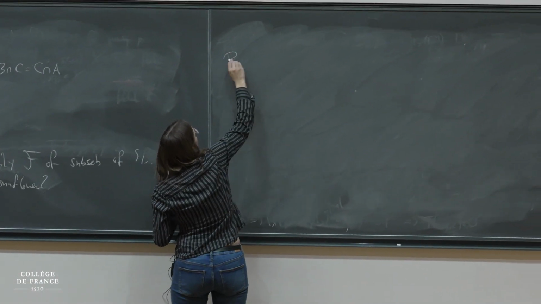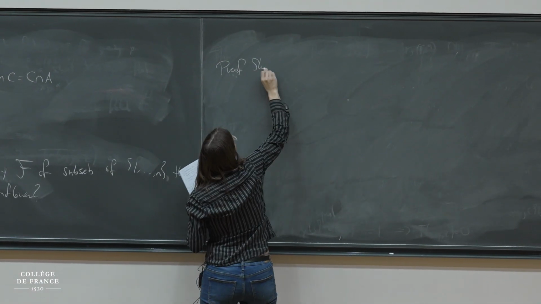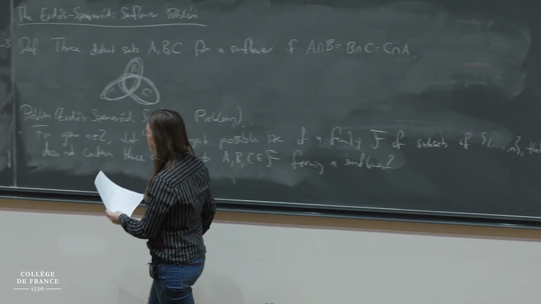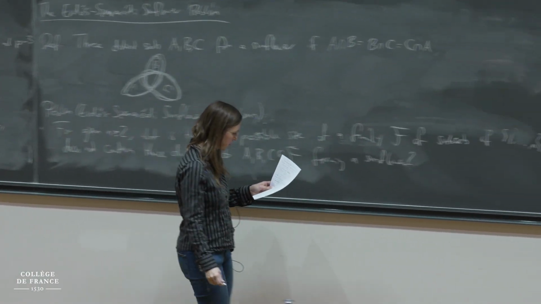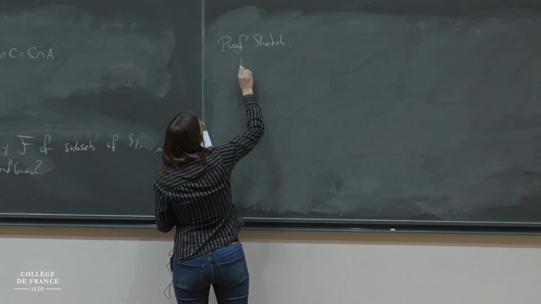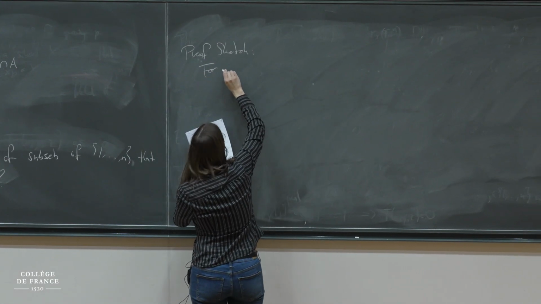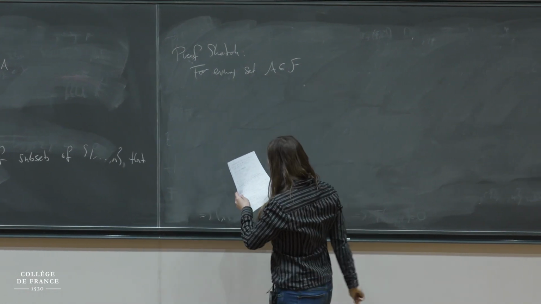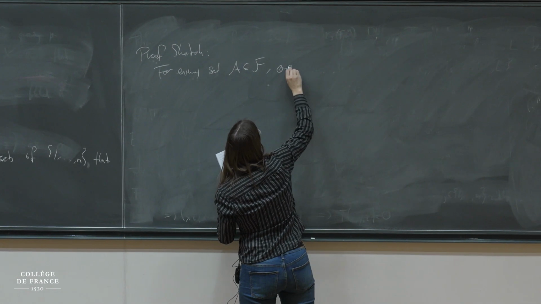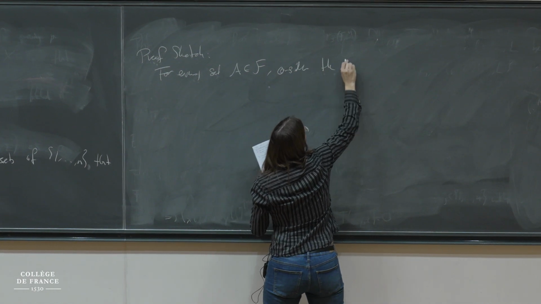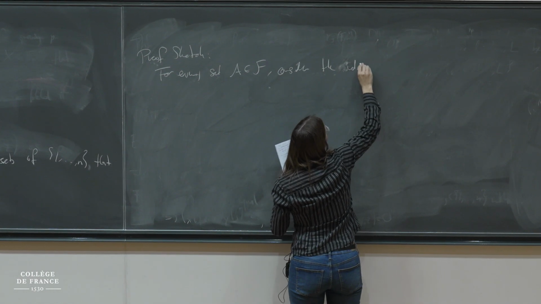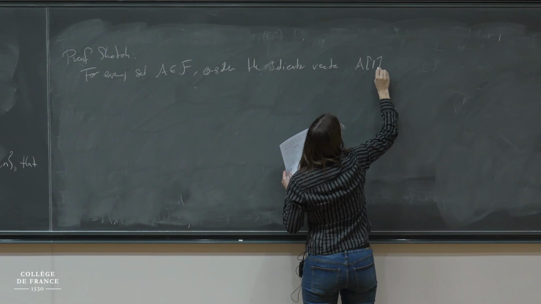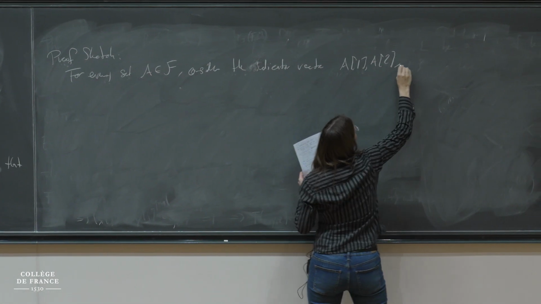Okay, so here's a proof, or rather a proof sketch for time reasons. So we start with a family F without a sunflower and all sets having the same size, and now we're going to construct a tensor. So in order to do that, we look at every set A in F, and from that set we form a vector. So we consider the so-called indicator vector A[1], A[2], and so on, A[n].